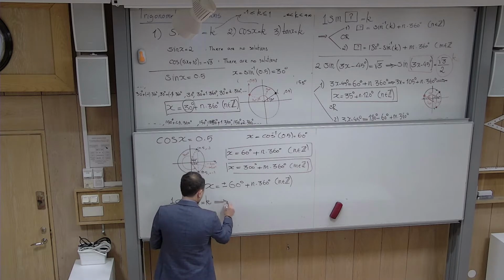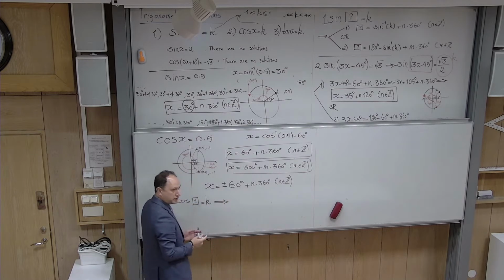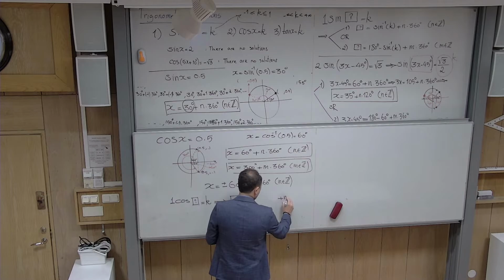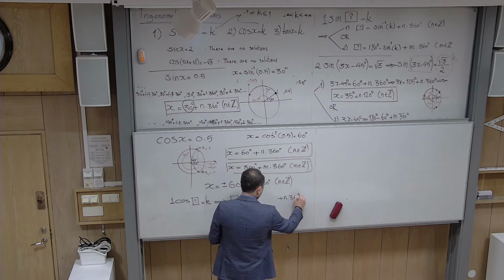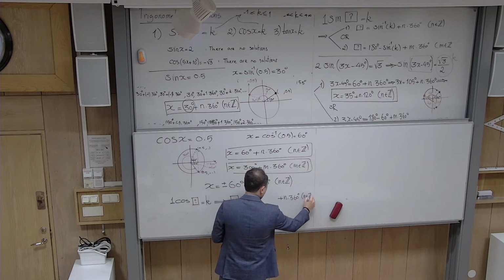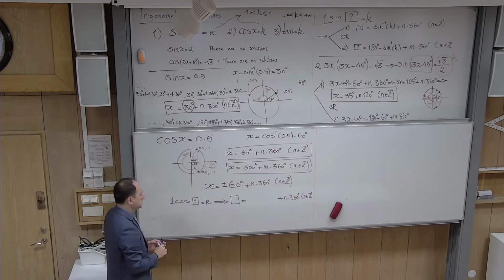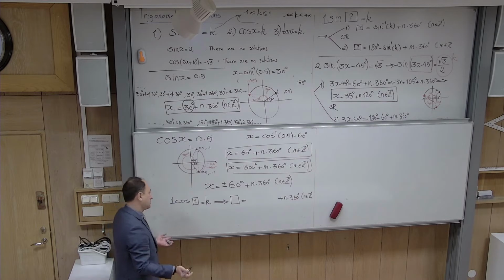If you use this plus or minus version, it is easier. So the black box is equal to, I would write, plus n times 360 degrees, and n belongs to Z. How should I fill this gap now? According to what you learned, what should I write for the gap? Plus minus cosine inverse of k. Yeah, exactly. Thank you.